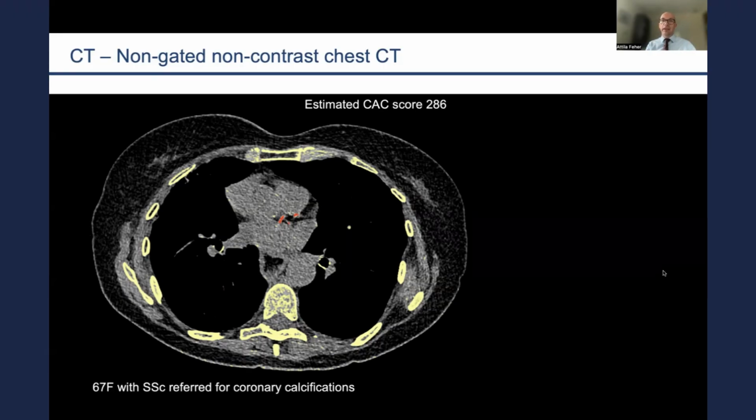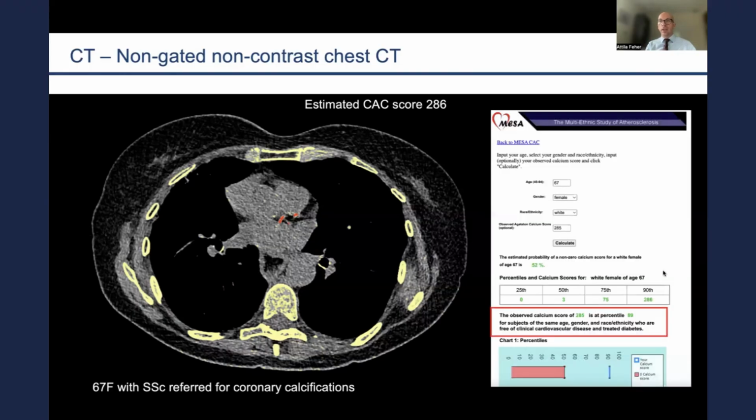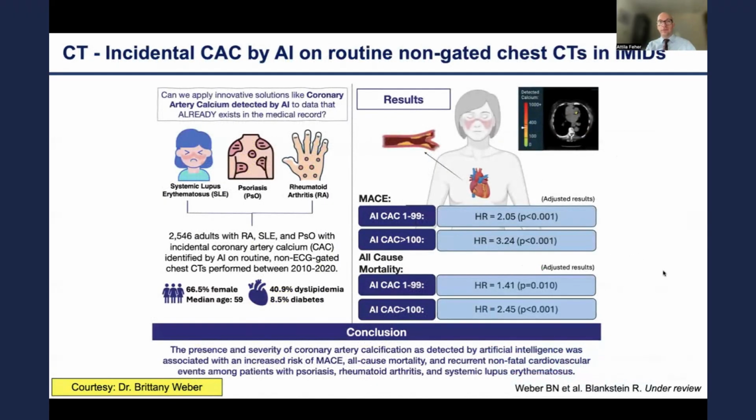However, you can still get an estimated calcium score. And in this case, this patient had an observed calcium score of 285, which is at 89th percentile. And I was able to have a discussion with this patient, and I was able to convince her to start statin therapy. Some AI tools can also assess coronary calcification. And this evaluation of non-gated, non-contrast chest CT, even just by visual assessment, should be available in all centers.